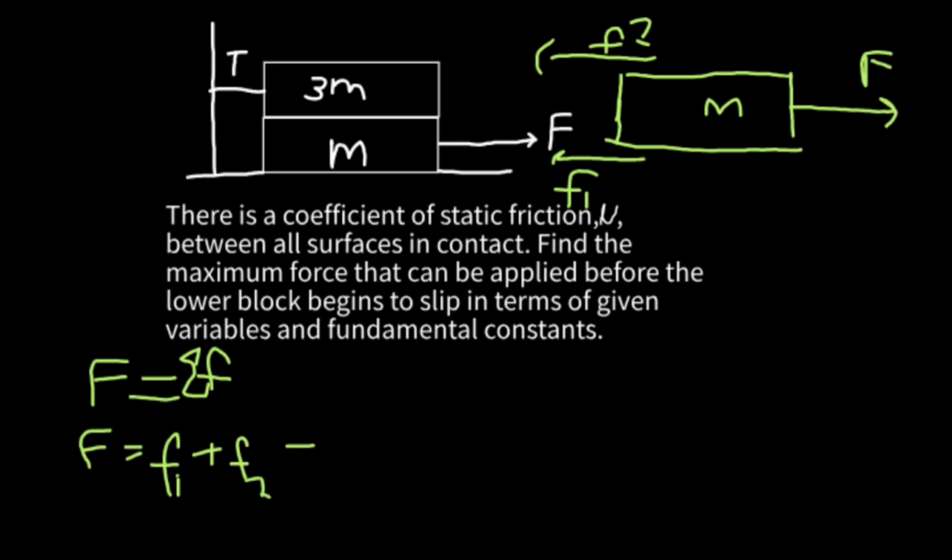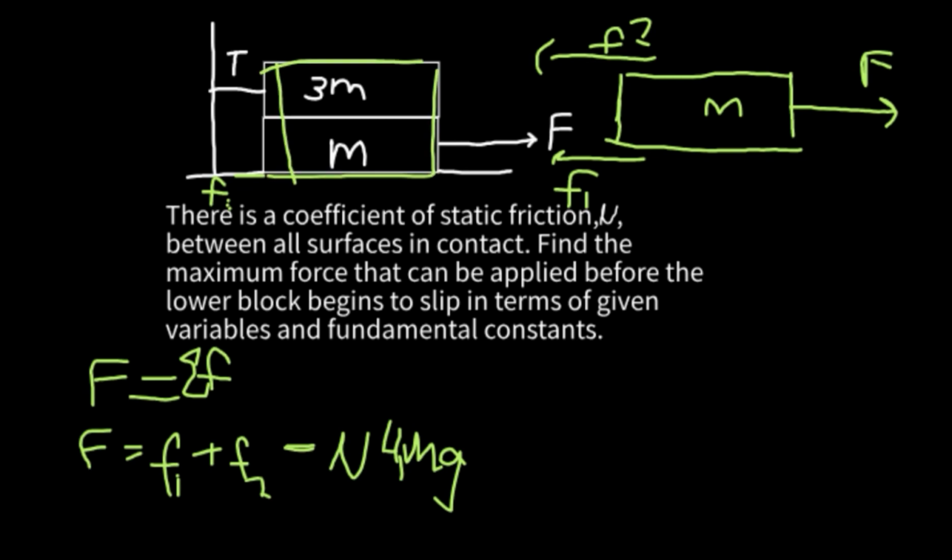So what is F1? That's just going to be mu times the normal force. What is the normal force here? Well, F1 is going to be acting right here. Normal force is going to be 4 mg, right, because you've got both blocks on top. So when you're analyzing F1, just think of this as one big block. Plus F2, which is, again, we got a coefficient, because f equals mu Fn.